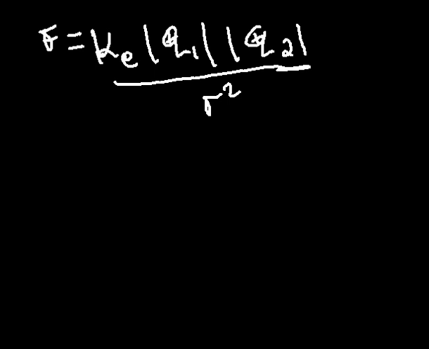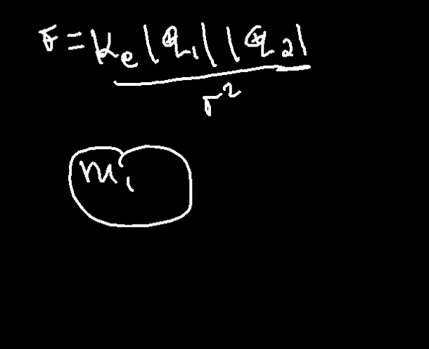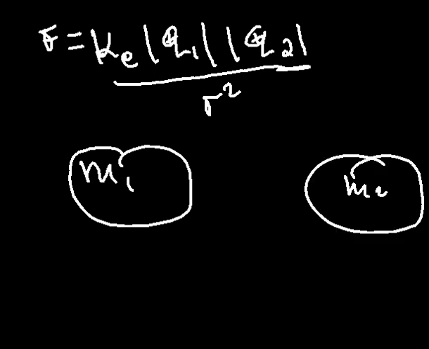Let's say this is an object of mass m1, and this is an object of mass m2, and this is the distance between the two masses.